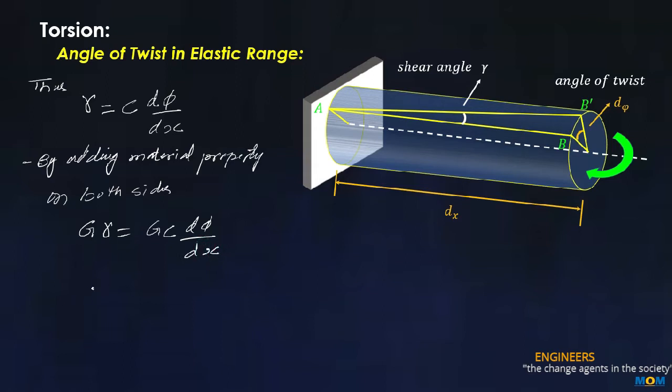So we can write this expression as tau is equal to Gc d phi upon dx, because tau is equal to G gamma, meaning the torque or the loading is within the elastic range.